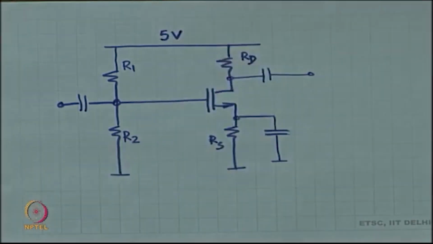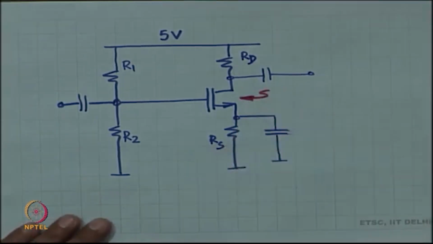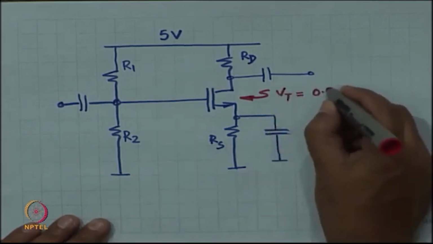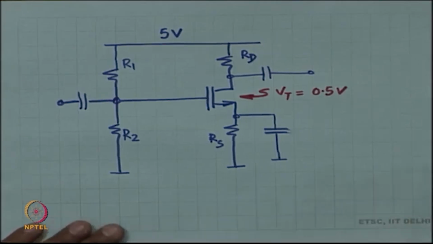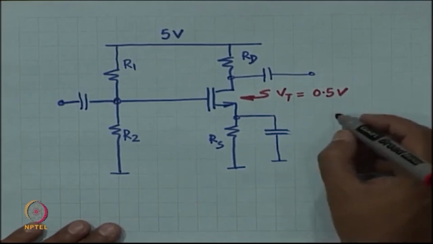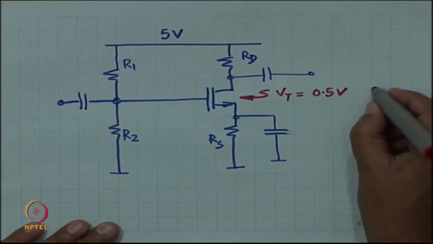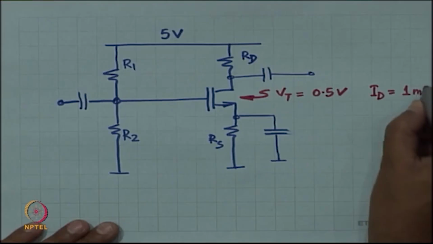Suppose the power supply is 5 volts and then you are given that this MOSFET has Vt of 0.5 volt, and this MOSFET requires ID equal to 1 milliampere.